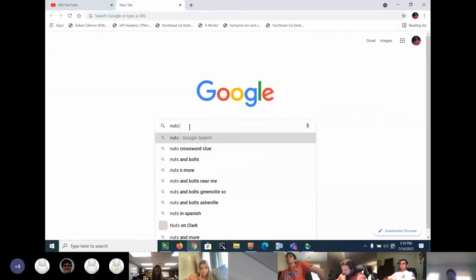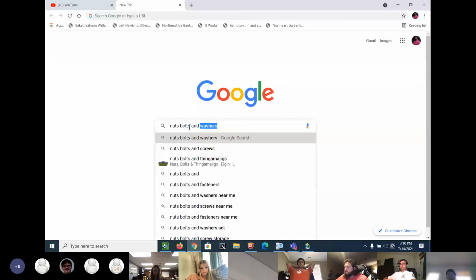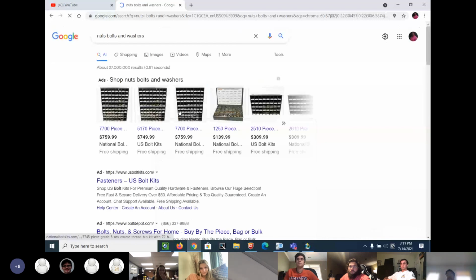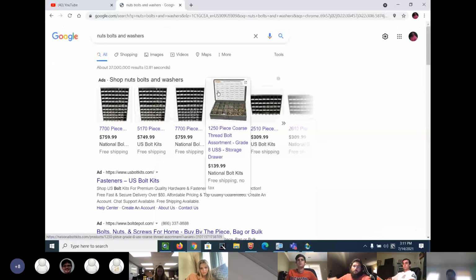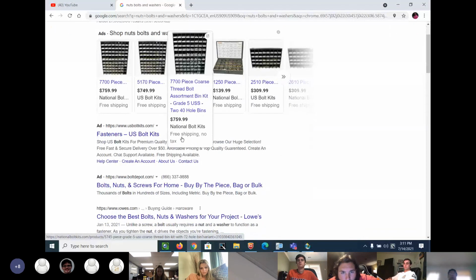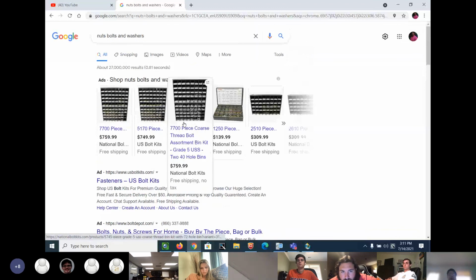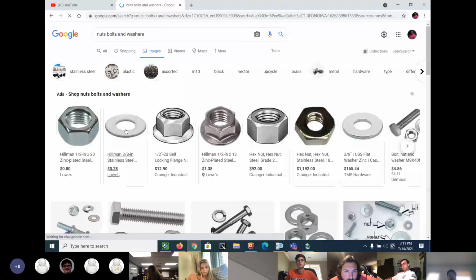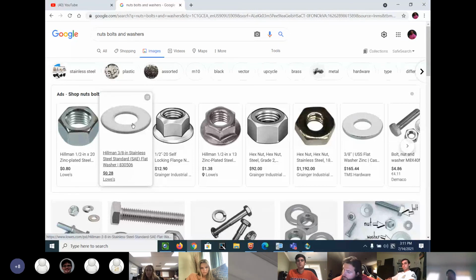Some of y'all thought it's the thing you wash clothes in. No, it's not. A washer is a disc with the hole cut out. This is no joke. I told y'all this at the beginning of class. I asked, what is a disc with a hole in the center out of it?